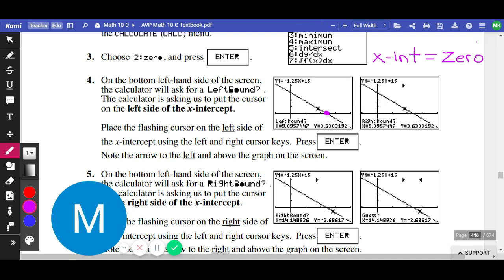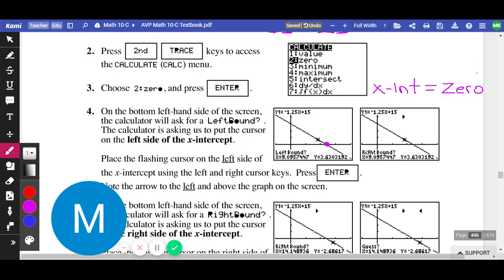So if I say, what's the x-intercept, I'm also saying, what's the zero? That's just more terminology for it. You'll notice your second option on your list, zero. That's x-intercept. Click it.